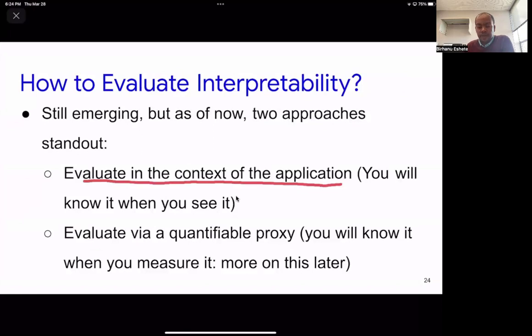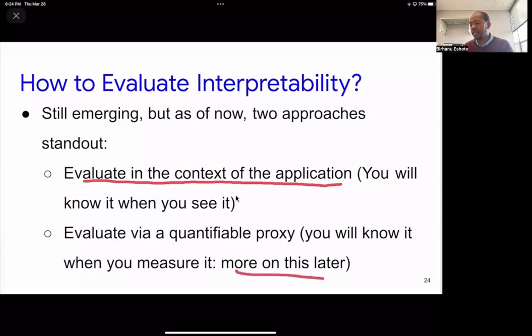For example, if you're a domain expert, like a judge or a doctor, you would see something off that goes against what you've learned in your discipline, in your domain or in your training, right? And you would say, oh, this doesn't make sense. The other approach is you evaluate through some quantifiable proxy or metrics. Another way to say this is you will know it when you measure it.